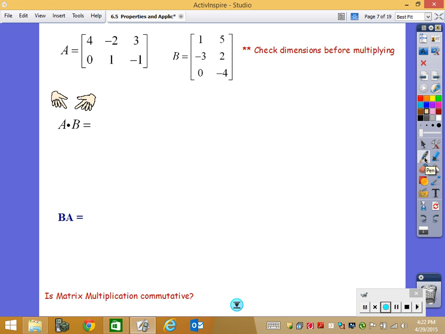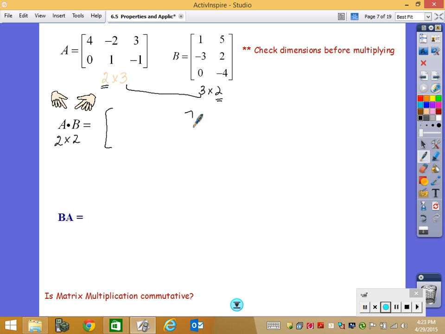It says to take matrix A times matrix B. So what are the dimensions of A? 2 by 3. 2 rows, 3 columns. What are the dimensions of B? 3 by 2. 3 rows, 2 columns. Do your inside dimensions match? Yes. So then your result is going to be your outside dimensions, a 2 by 2 matrix.